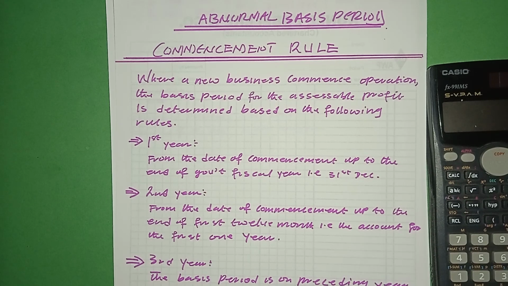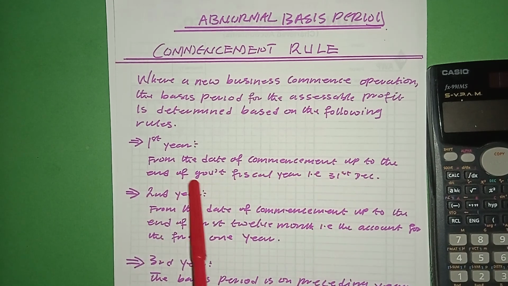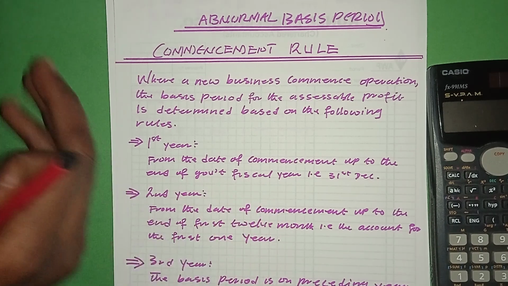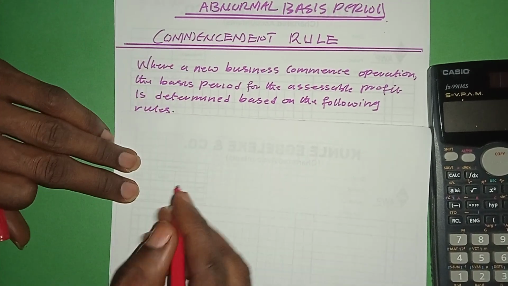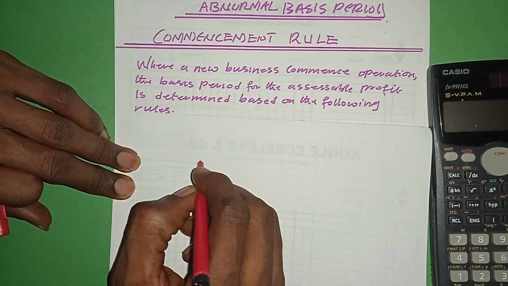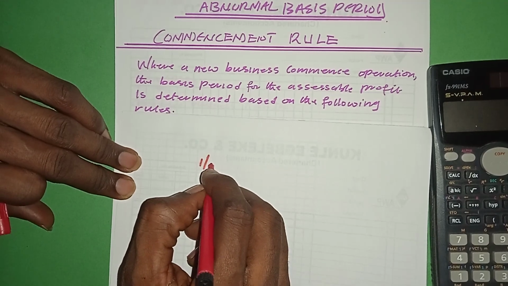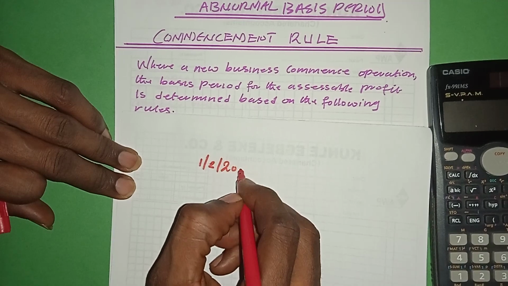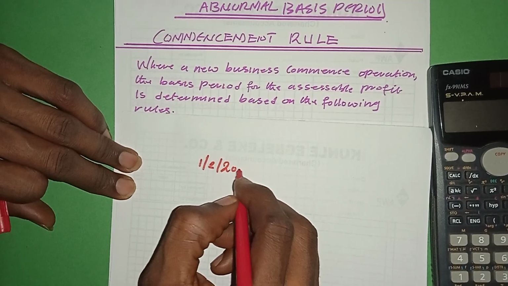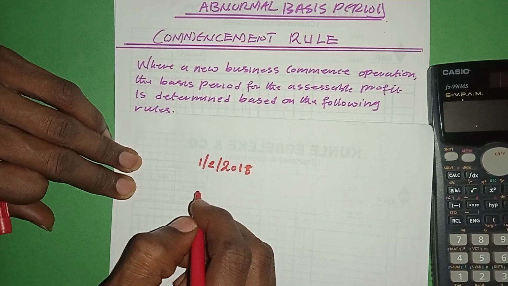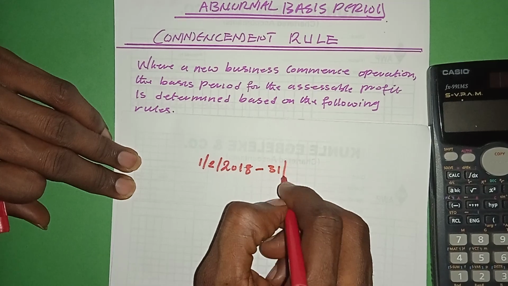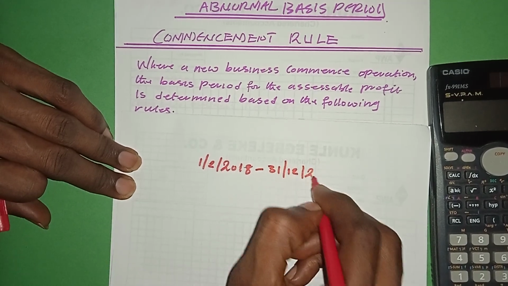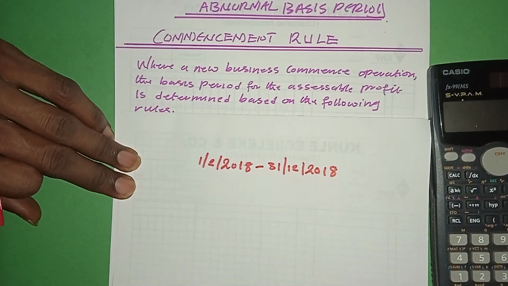So that is that. The first rule is from the date of commencement up to the end of the government fiscal year. Let's assume this business commences on 1st of February 2018. This will lead to 31st December 2018.